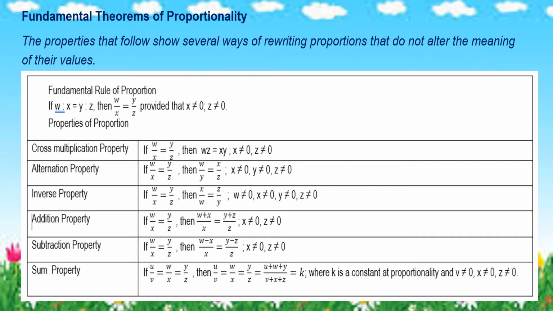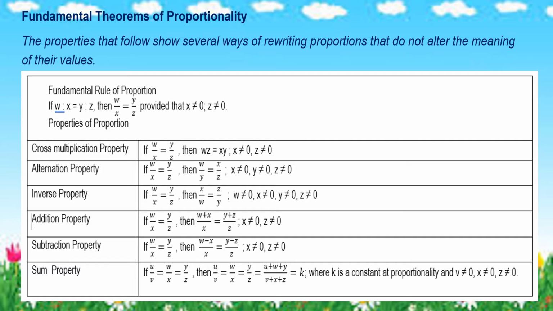Fundamental theorems of proportionality. The properties that follow show several ways of rewriting proportions that do not alter the meaning of their values. So we have here cross-multiplication property, alternation property, inverse property, addition property, subtraction property, and sum property.